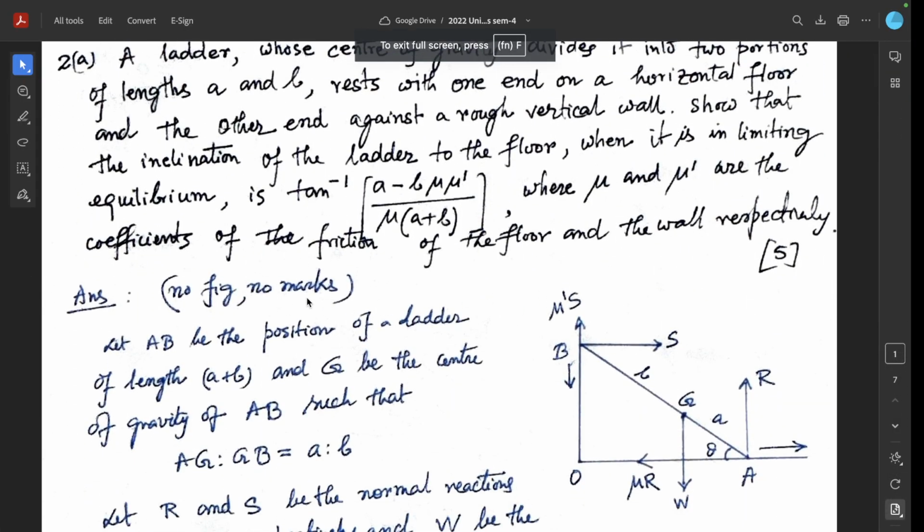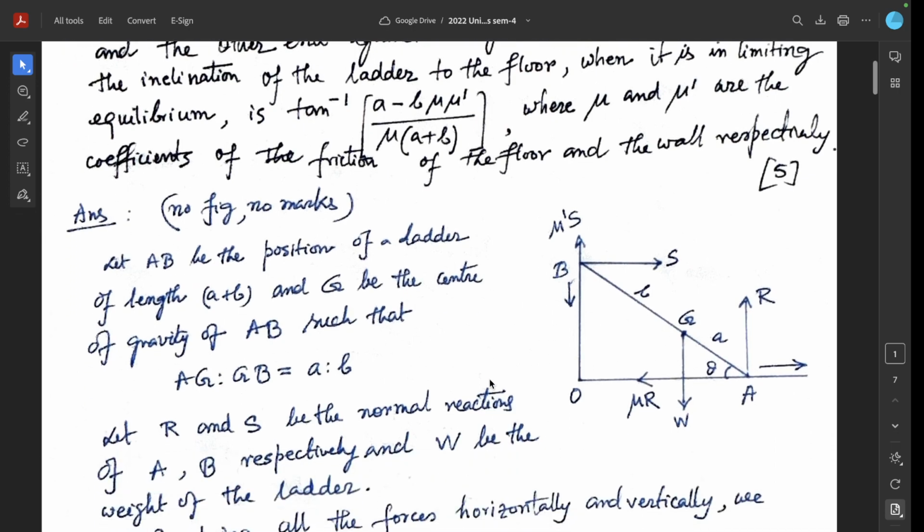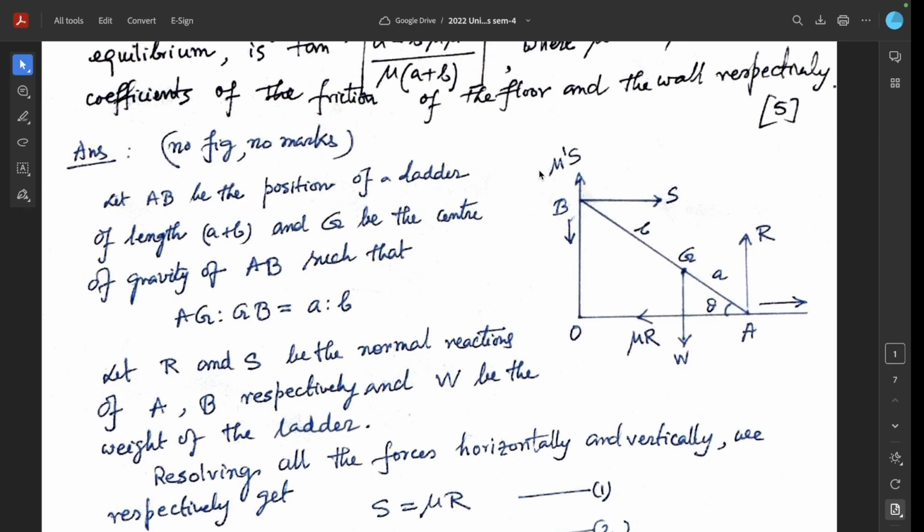No figure, no marks. So we must draw the figure. This is the horizontal floor, this is the vertical wall OB, and the ladder is AB. Let AB be the position of the ladder of length a plus b, and G the center of gravity of AB such that AG is to GB equal to a is to b.